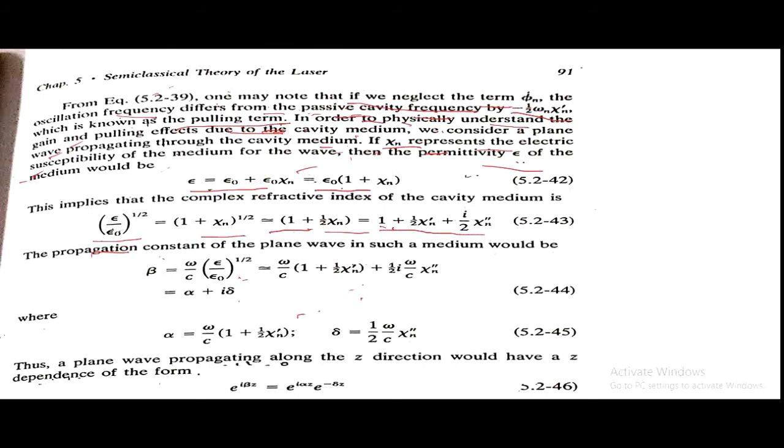The propagation constant of the plane wave becomes beta equals omega by c epsilon by epsilon 0 raised to 1 by 2, which is nearly equal to omega by c into 1 plus 1 by 2 chi n dash plus 1 by 2 i omega by c into chi n double dash, which can be written in the form alpha plus i delta, where alpha equals omega by c into 1 plus 1 by 2 chi n dash and delta equals 1 by 2 omega by c chi n double dash.